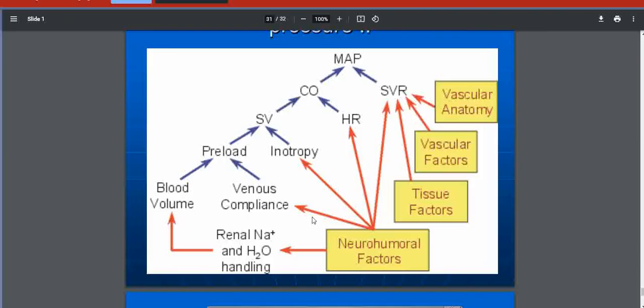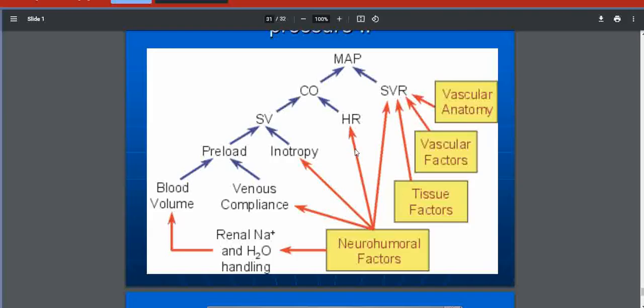Similarly, neurohormones can result in decreased venous compliance, resulting in increased preload as the cycle continues. Neurohormones can also affect inotropy, that is the increase in the force of cardiac contraction, and that brings increased cardiac output.